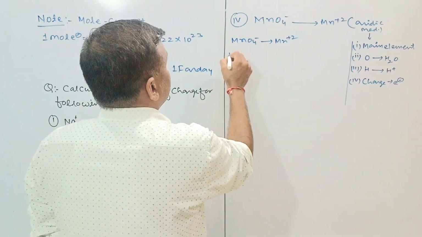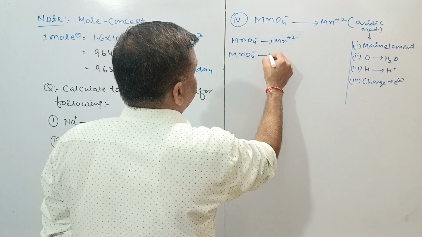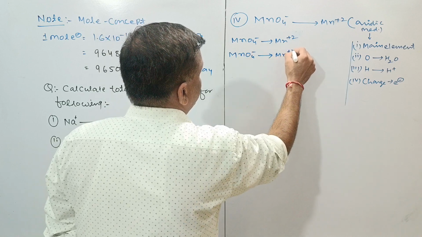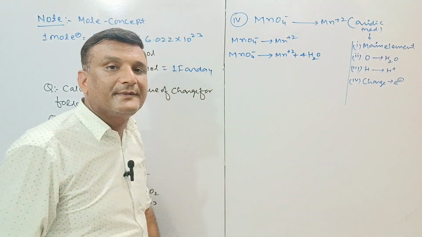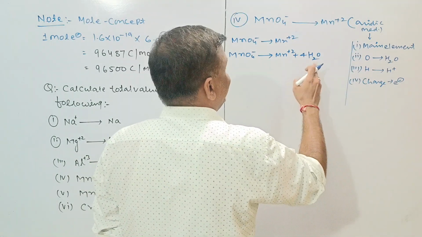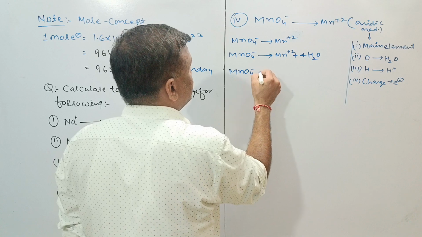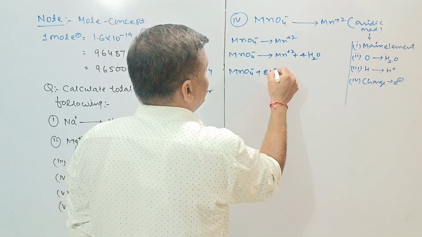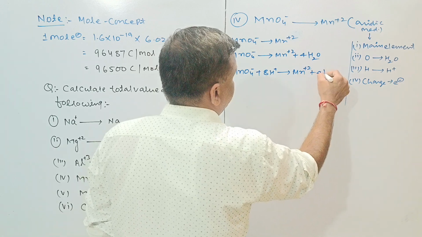So this is MnO4 minus changes in Mn+2, and here we use 4 H2O as water molecules. Now balancing of hydrogen: 4 times 2 is 8 hydrogen, so here we use MnO4 minus, 8 H+, changes in Mn+2, and 4 H2O.